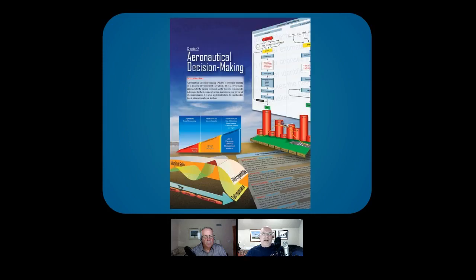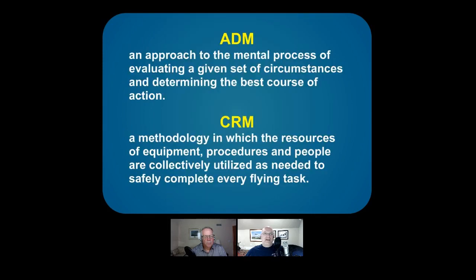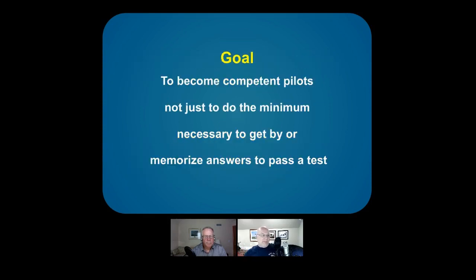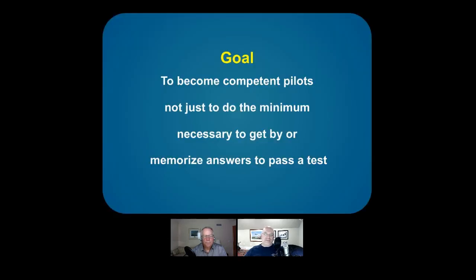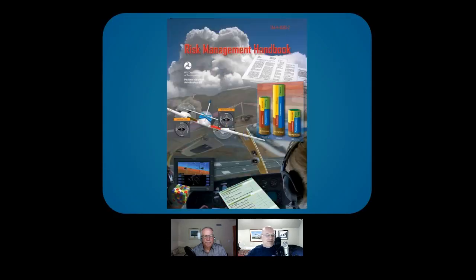This is a chart that the FAA uses, it seems like it's on every test that I take, both manned and unmanned. It's the five hazardous attitudes. Anti-authority is "don't tell me what to do." I think we've all run into all of these types.